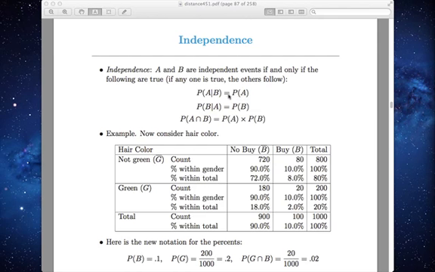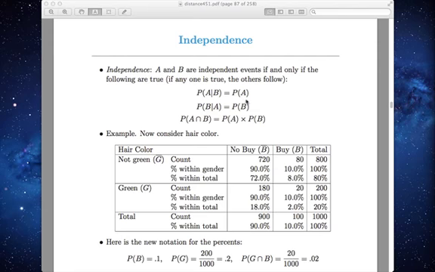So that's one way to express it. You could also say, well, additional information about A doesn't change the probability that B will occur. A third way of expressing it is a little bit less intuitive, but we'll often use this when we have independence. And so the joint probability is just the product of the marginals.